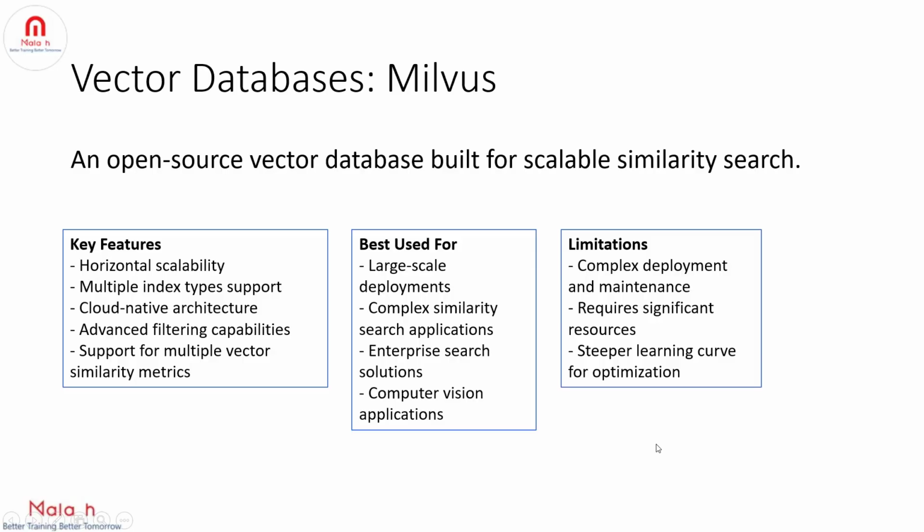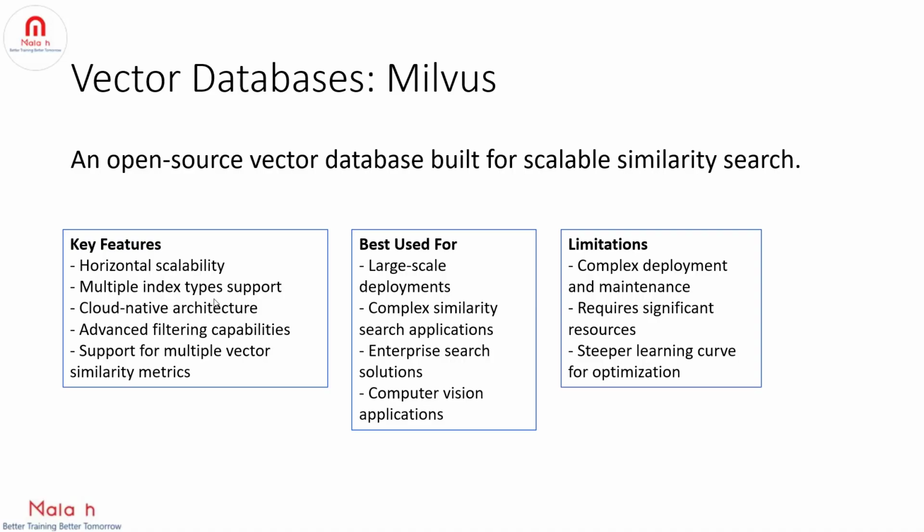And the next one is Milvus. Milvus is an open source vector database built for scalable similarity search. And what are the key features? It has horizontal scalability, means it is a process of adding more instances of the same type to the existing pool of resources. So that is the use of Milvus.